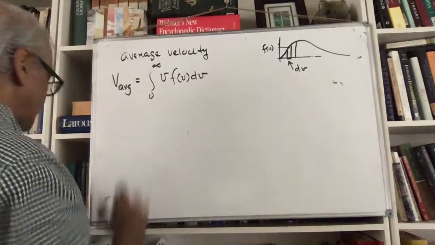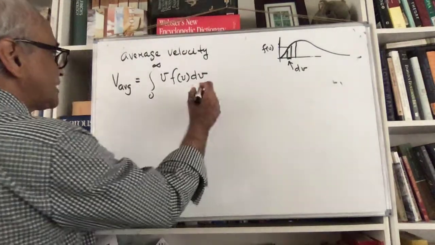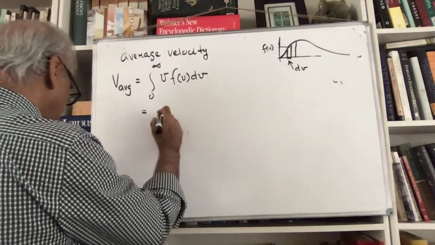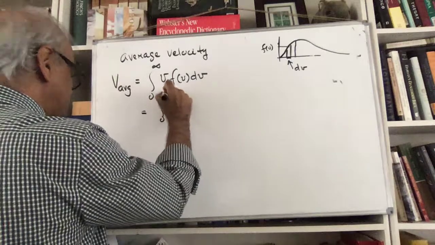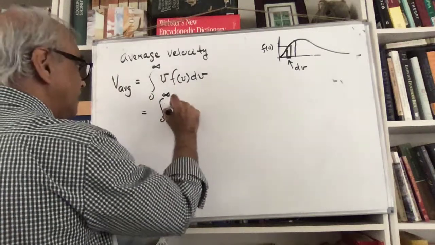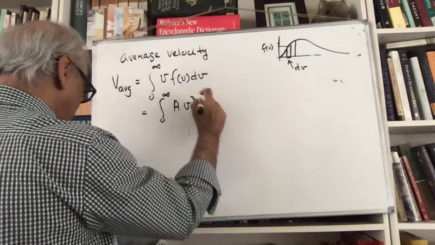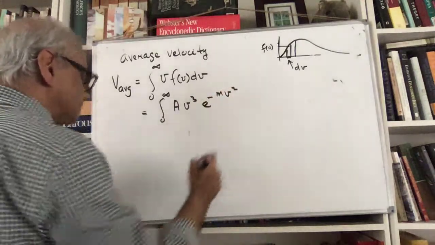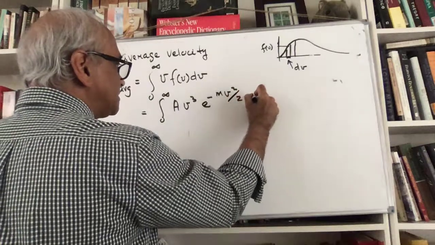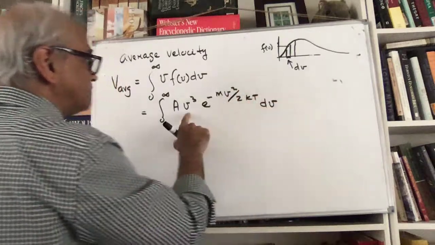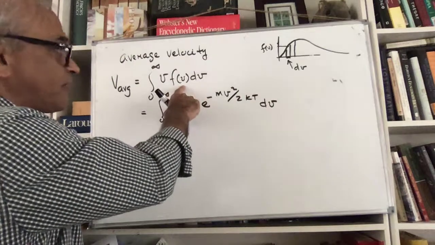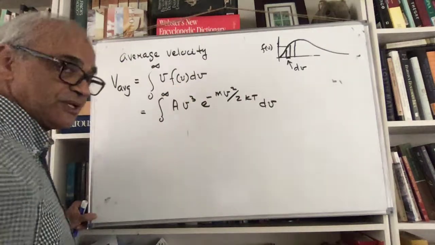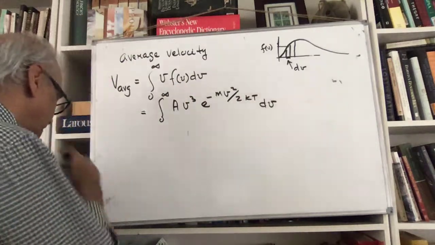So that's what we have here. Let me just quickly write, this is 0 to infinity, and then I have a v cube e to the power minus m v square over 2kT dv. Where that v cube comes from, remember there's a v square here, so v squared times v gives you v cube, right?